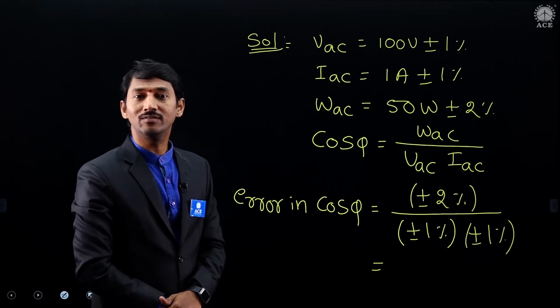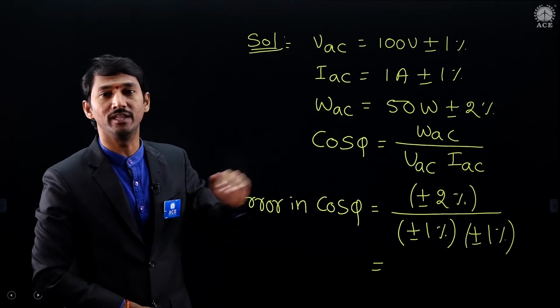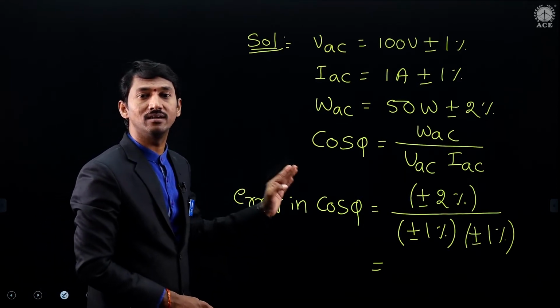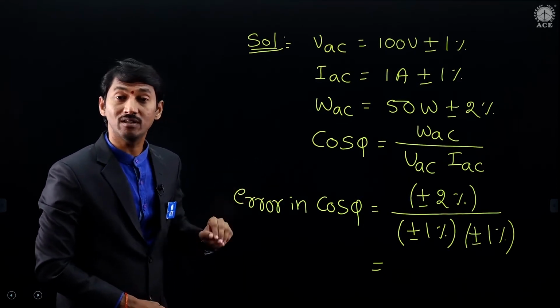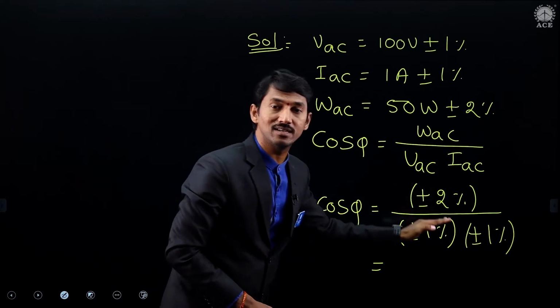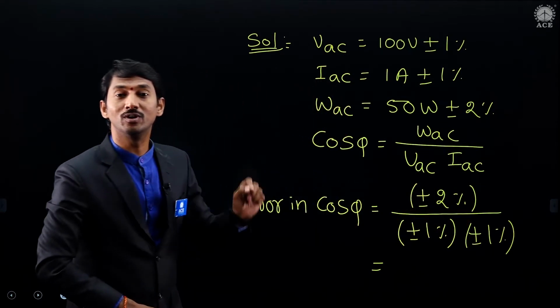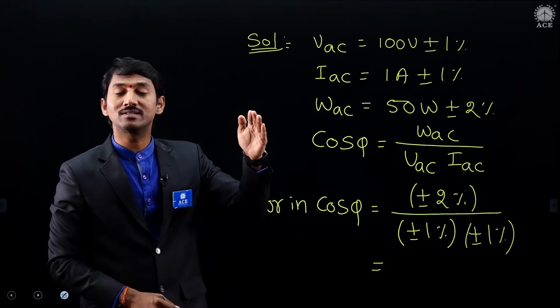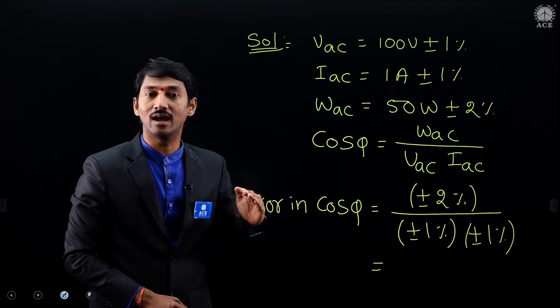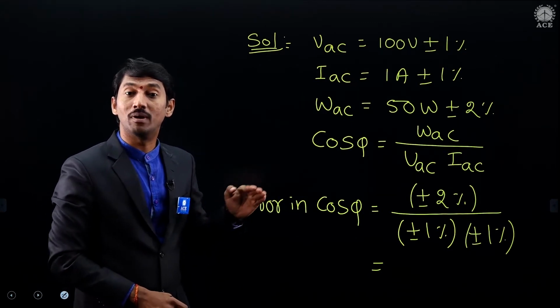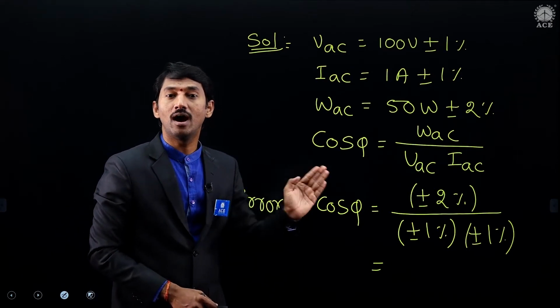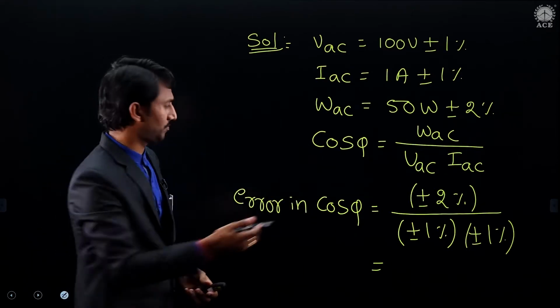If the errors are given in percentage limiting form, we need to add the errors directly for multiplication and division. Note that percentage limiting errors are added when multiplication or division is performed.